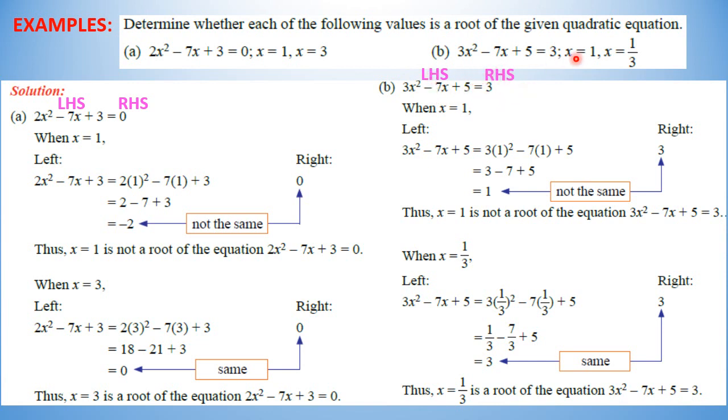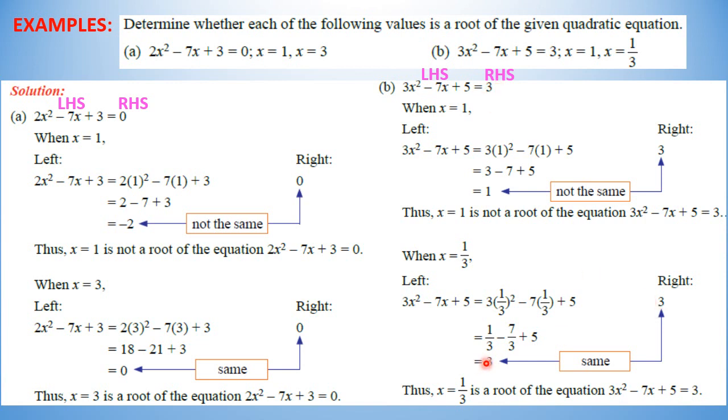Okay, so the second example also repeats the same steps. Left hand side is the equation, and then the right hand side equals 3. So the first value is x equal to 1, you just substitute inside, you get your answer is 1. But if you compare to the right hand side, the value is 3, right? So x equal to 1 is not a root of the equation. Okay, so we substitute another value, x equal to 1/3 inside, you calculate, you get the answer of 3.